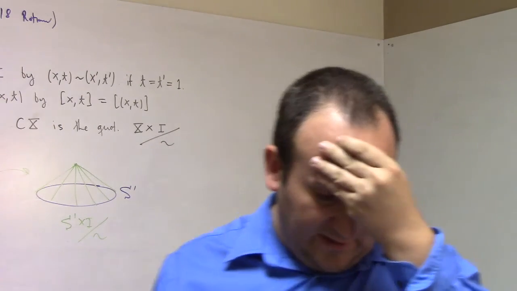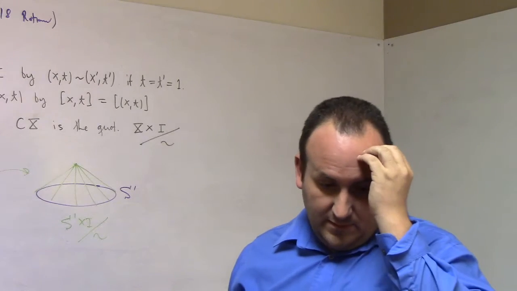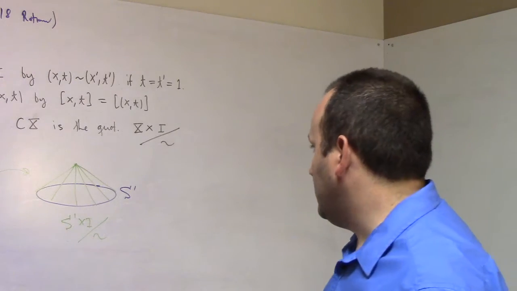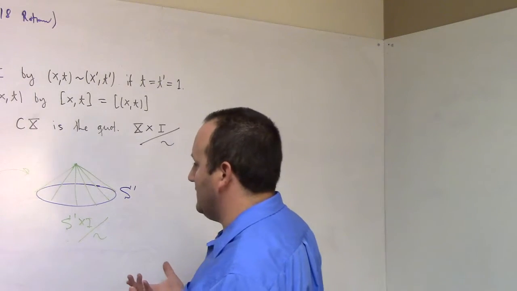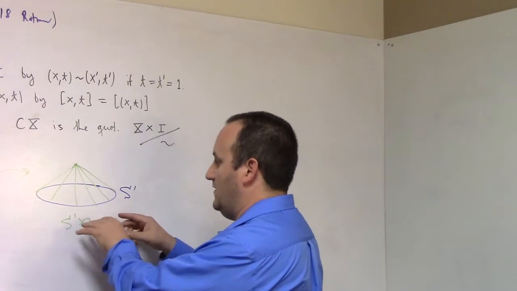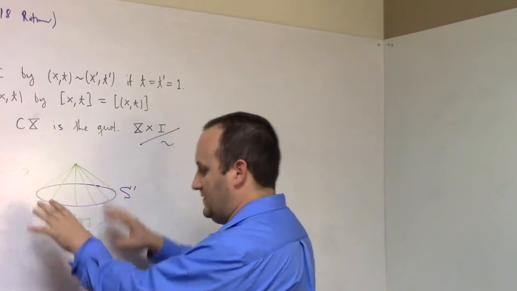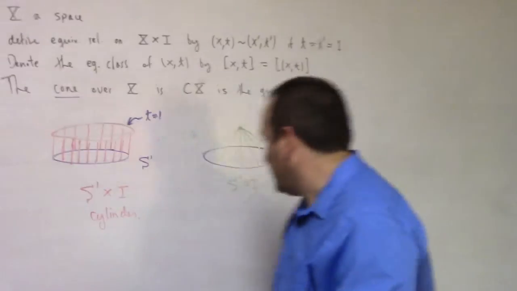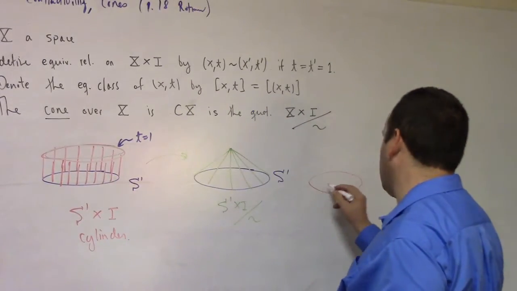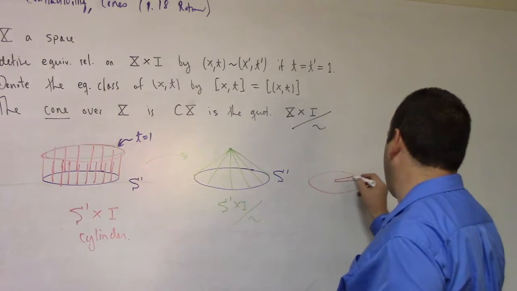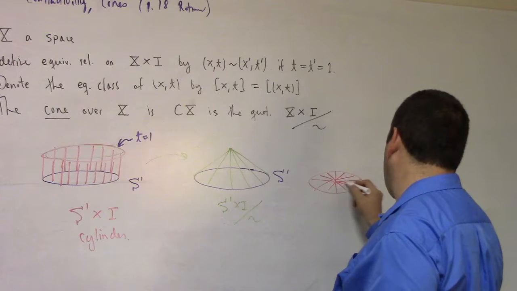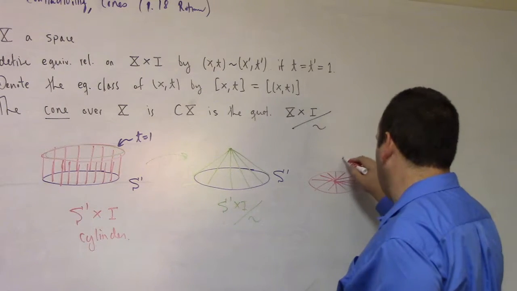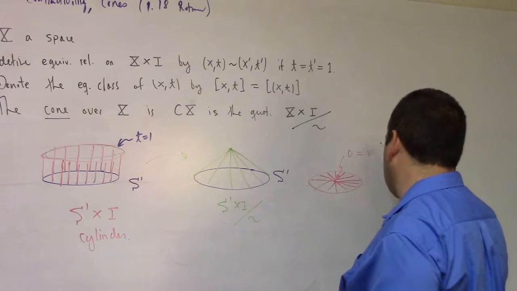D^(n+1) is the cone over S^n with vertex 0. So as far as topology is concerned, you can see how this space is the same as this one. The origin is the vertex.